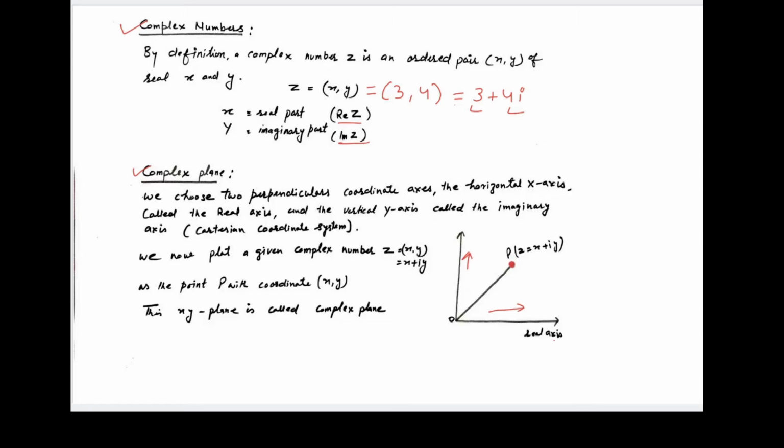If a point P here, whose coordinates are x comma y, represents a complex number z equal to x plus iota y, then this plane is called complex plane. A plane in which we can represent a complex number by a point is called complex plane.